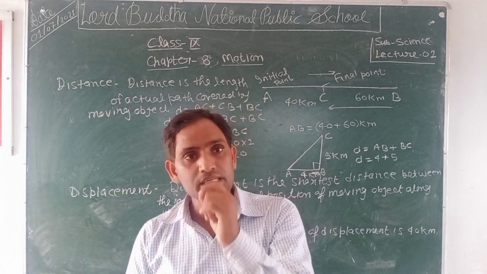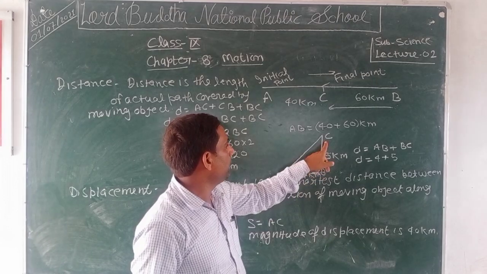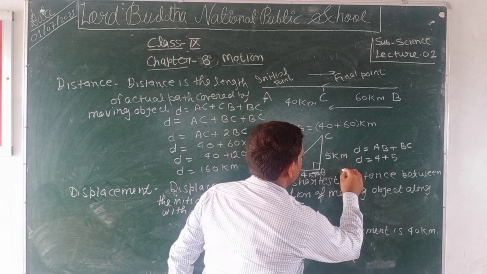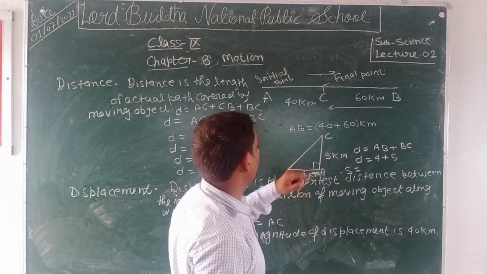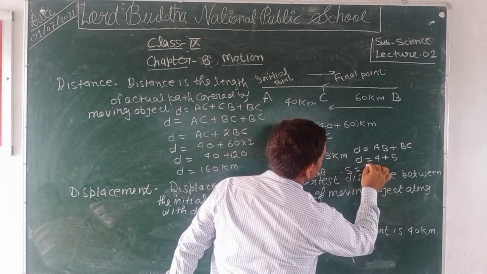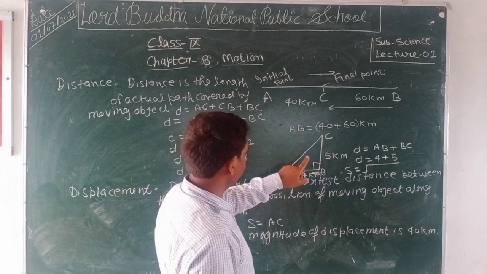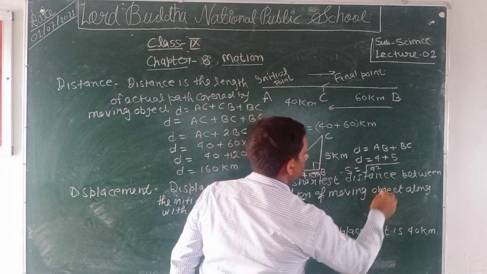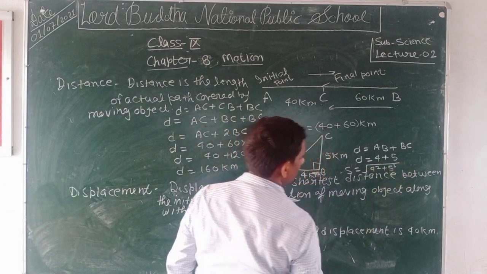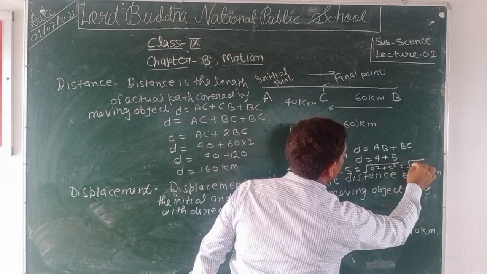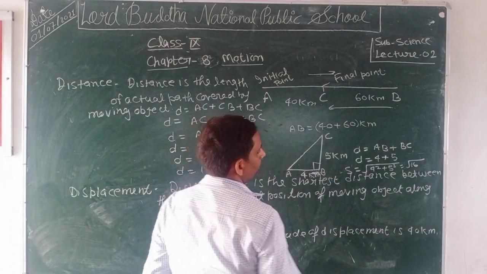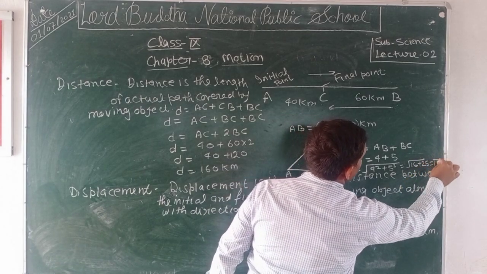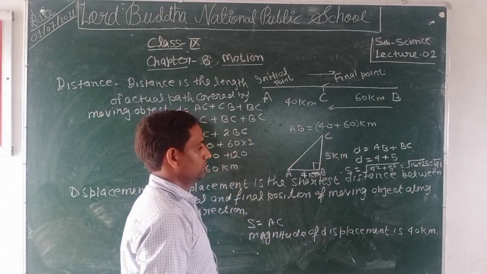Here, the initial position is A and the final position is C. Hence, displacement equals the square root of 4 square plus 5 square, which is 16 plus 25, equal to square root 41.